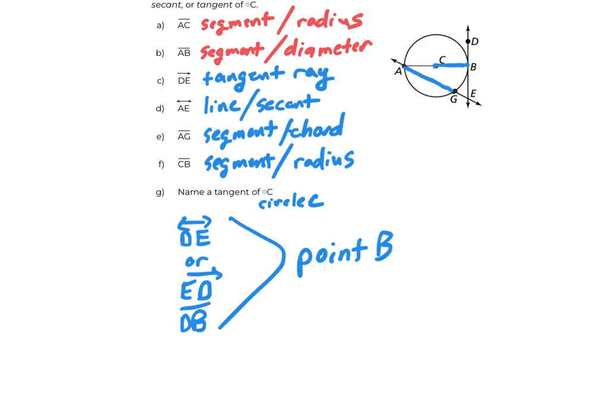They touch the circle at point B. So that's how I know they're all tangent, because they only touch the circle one time. But it can be any of those types of figures, a line, a ray, or a segment. It just depends on what they're asking for. If they say name a line that is tangent to circle C, or name a ray that's tangent to circle C, then you have to make sure you name it correctly.